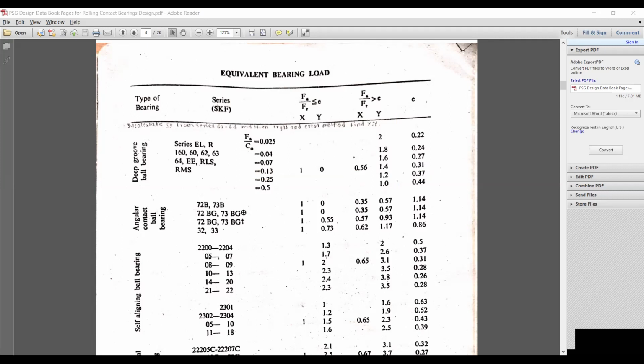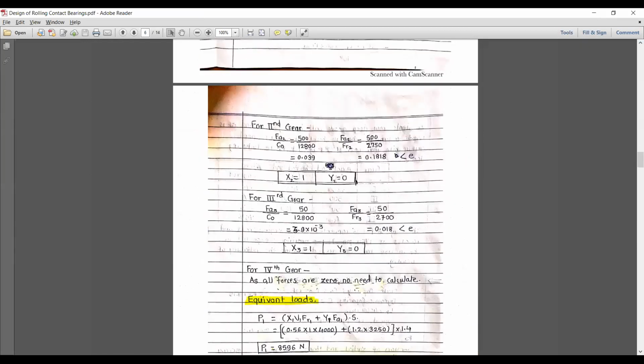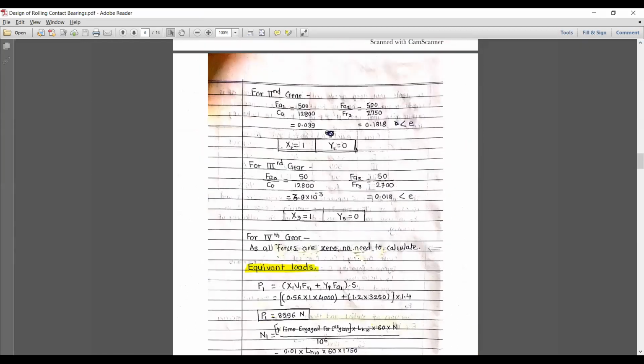For the second gear, the FA upon CO ratio is 0.039 and the FA upon FR ratio is 0.181. Okay, we will refer to the equation, we will refer to the page.